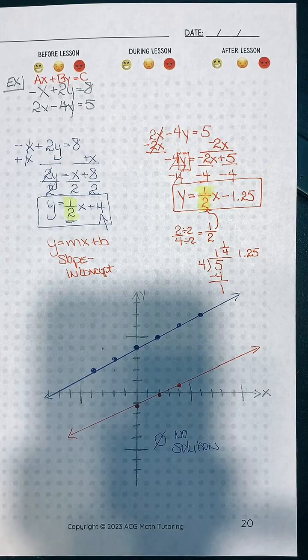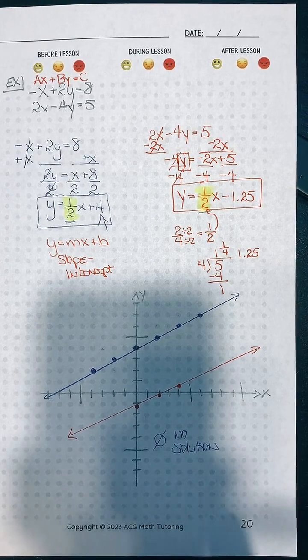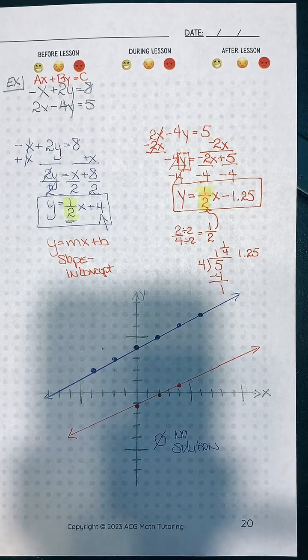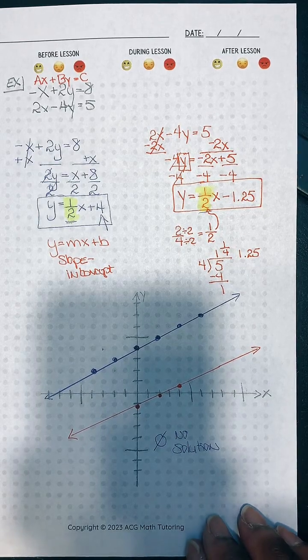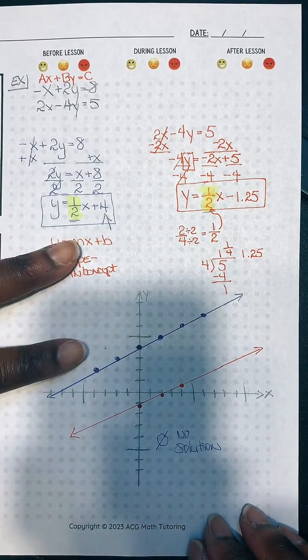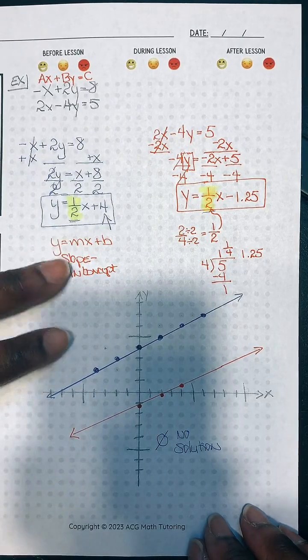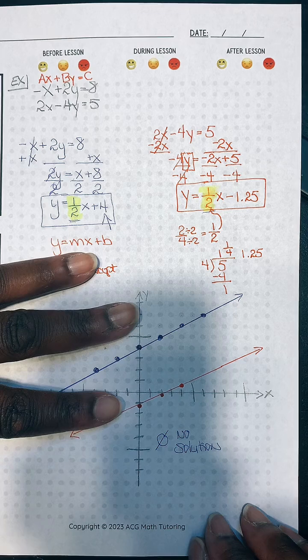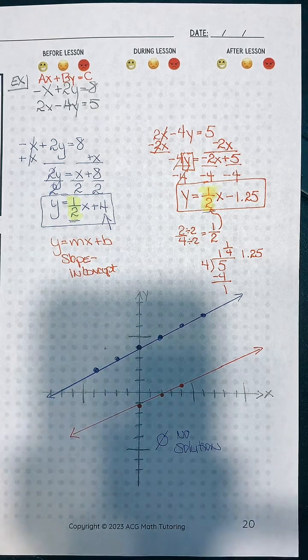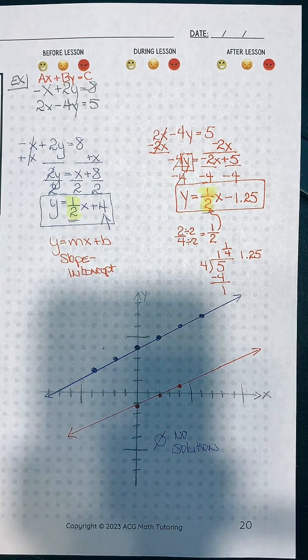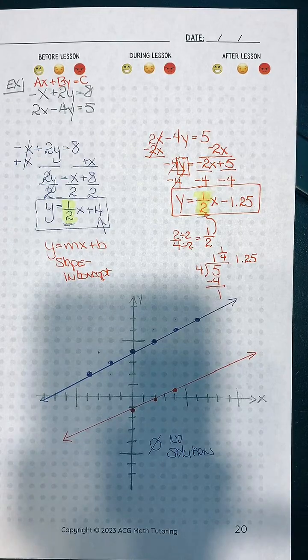So when you get a system, sometimes you'll see a system of equations with 2 equations, and there are times that you'll see 3. So sometimes you may see 2 or 3 equations. Very rarely you'll see more than that unless you're doing advanced math.